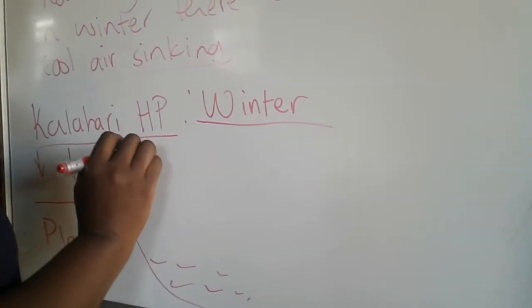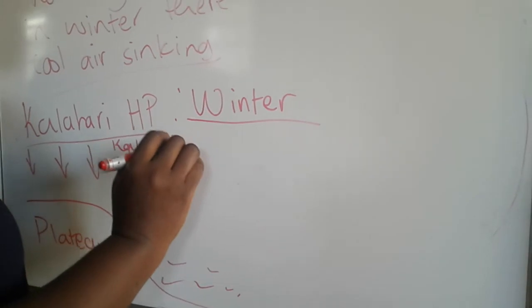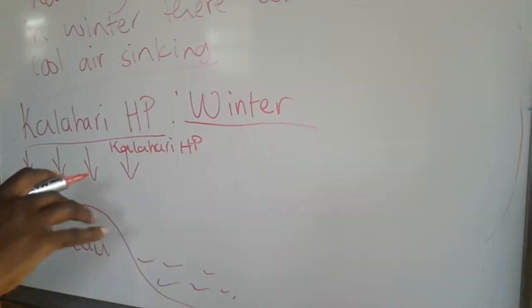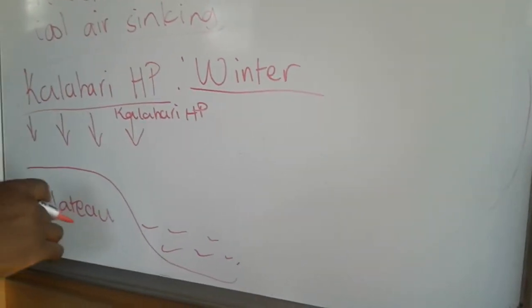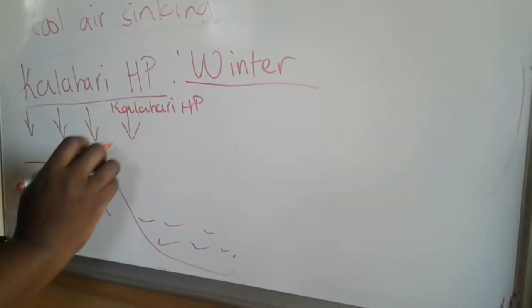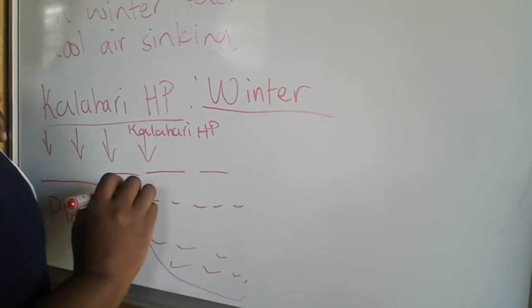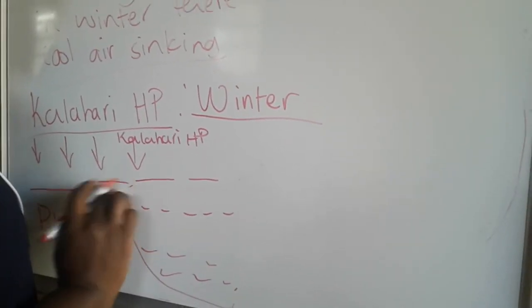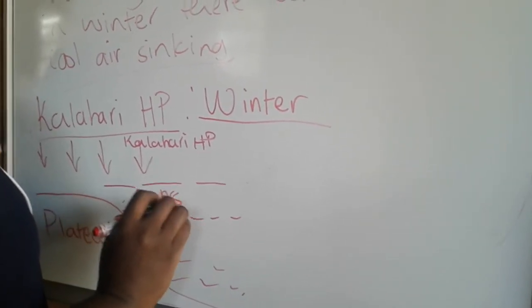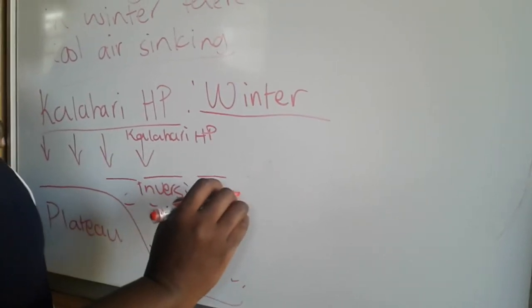This is the Kalahari high pressure descending, and as it sinks on the surface, it warms up, so it creates what we call an inversion layer. This is the inversion layer.